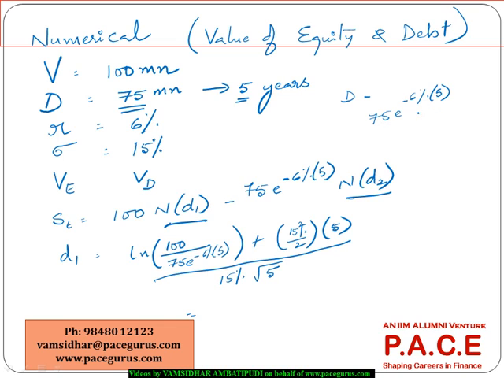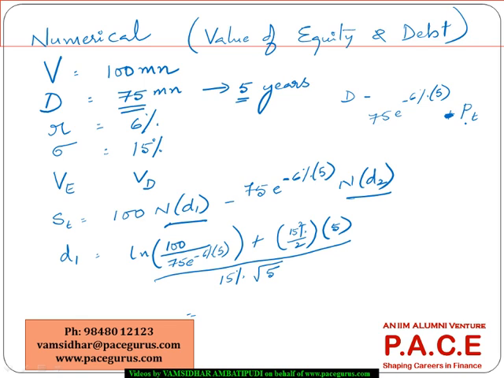This is the present value of the debt. Along with that, I am also talking about a European put option, short put option on the same. So I could subtract the price of the put option. And the price of the put option I can very well compute based on the call put parity relationship.